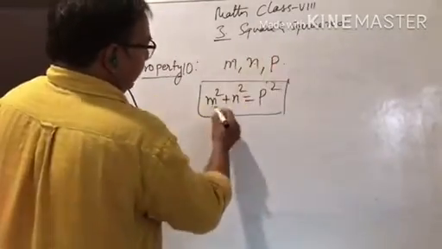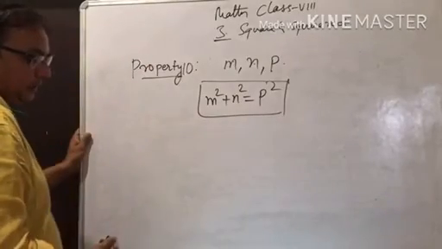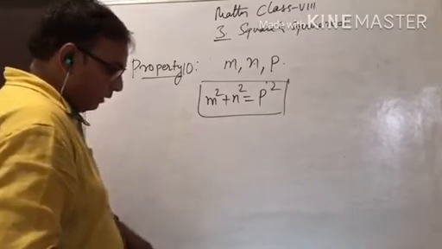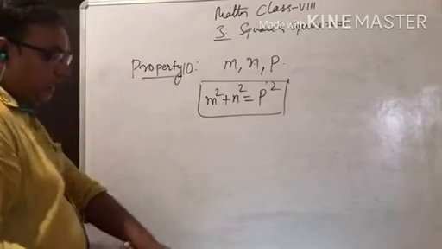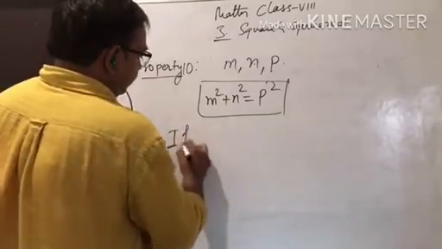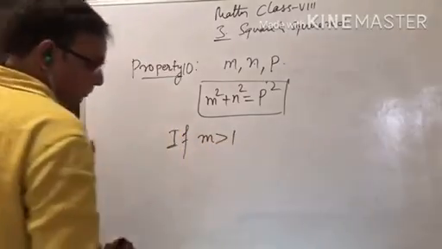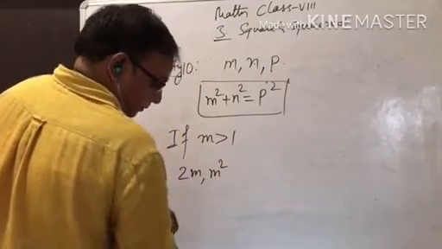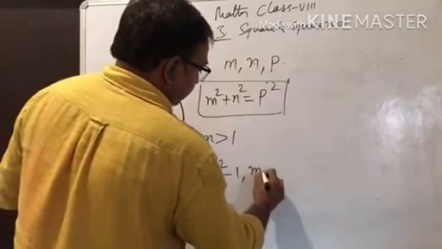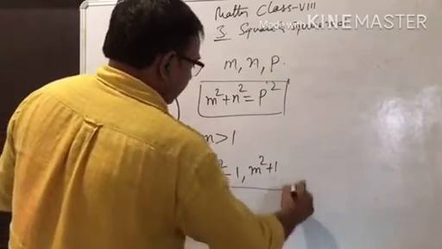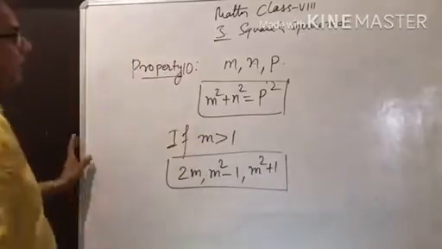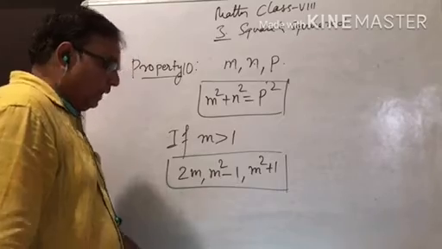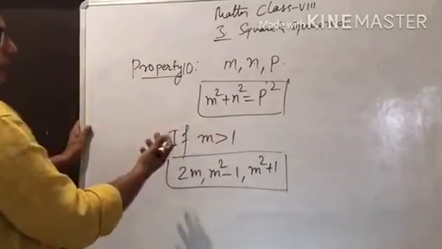First, second, third, we can manage these numbers. Let's just take an example after that. For an important result, if m is greater than 1, then 2m, m square minus 1 and m square plus 1 is the format for the Pythagorean triplet. Let us see if we can check.